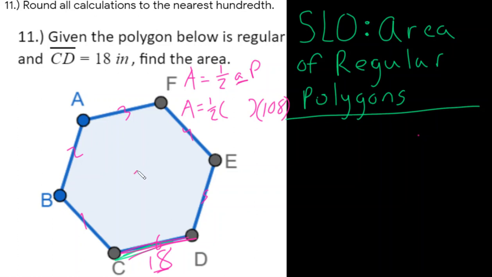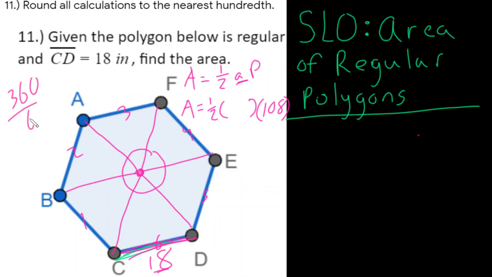Alright, well, if you'll recall, we put the center, and we draw the radii of the polygon, which means going from the center to the vertices. And the central angles, all 6 of them, always will add up to 360. So I can say, 360 divided by 6 is, of course, 60. But wait a second, our third step is to draw the apothem.